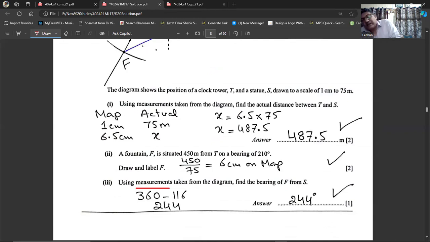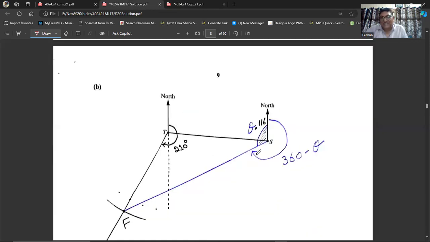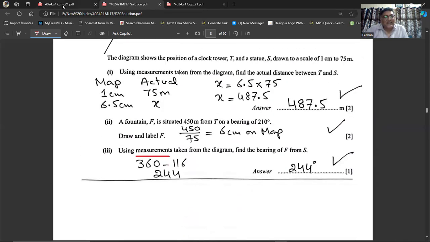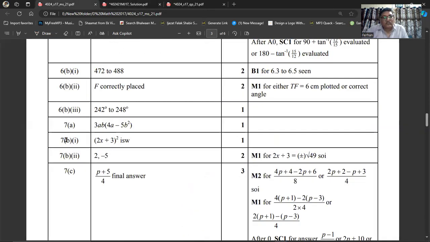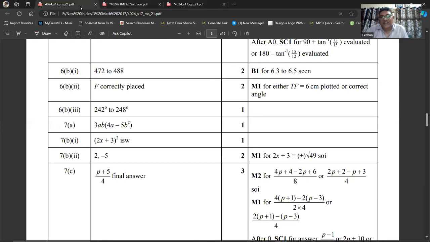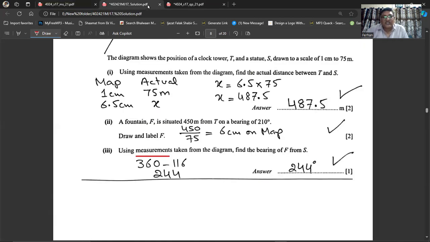So the bearing of the F from S will be 244. I measured this angle with the help of the protractor. So let's check if our answers are right. 242 to 248. 244. Yeah, our answer is in this range.